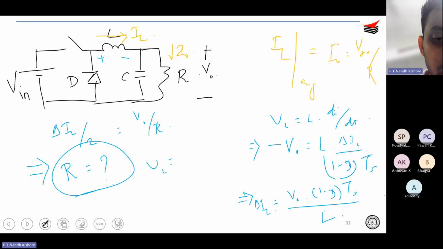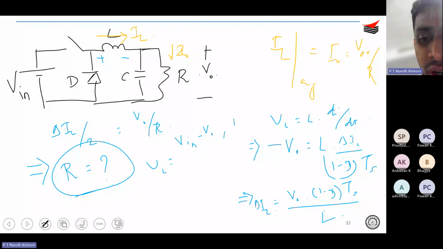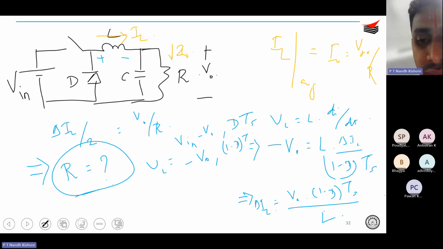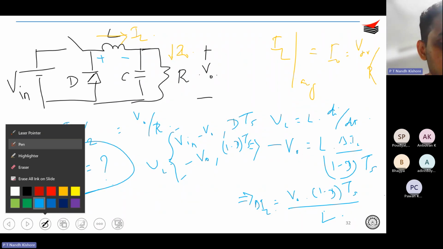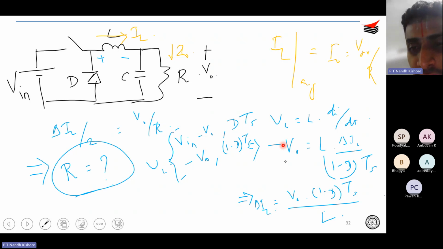So VL is V in minus V naught during the dTs period, or it is minus V naught during the 1 minus d Ts period. Correct? So you can use either of these. You can either substitute VL as V in minus V naught, or I have taken minus V naught.